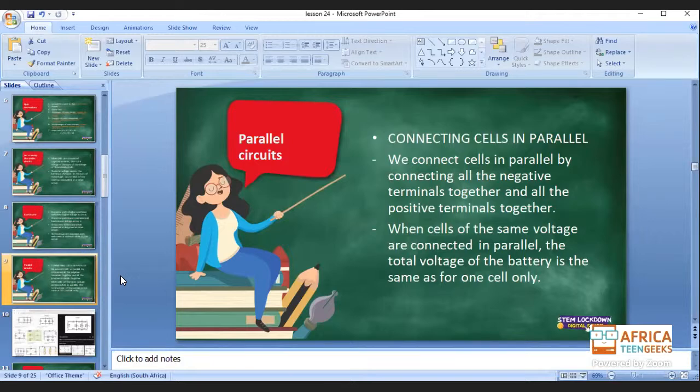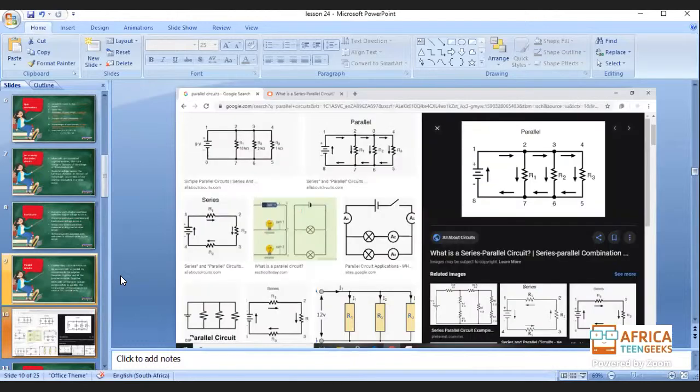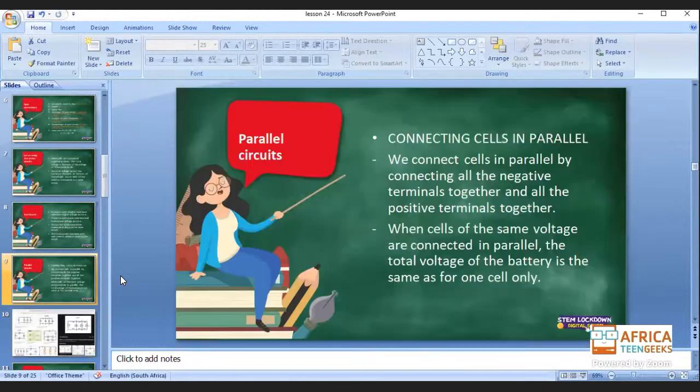Remember that we said the cells are always connected in series, grade 9. So when we say we connect cells in parallel, we connect cells in parallel by connecting all the negative terminals together. Remember that if it's a negative to a negative, it won't have any effect.